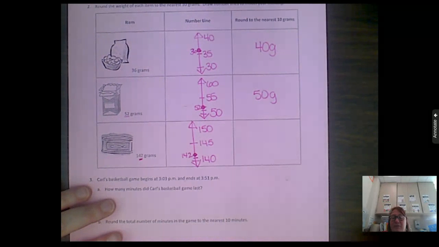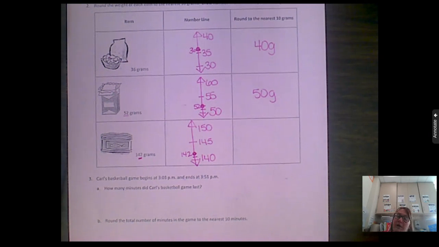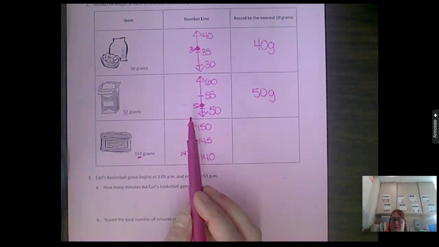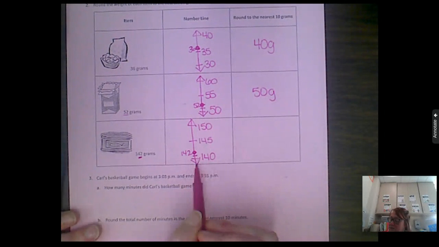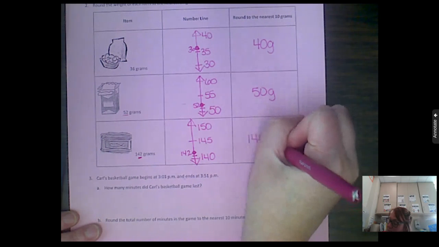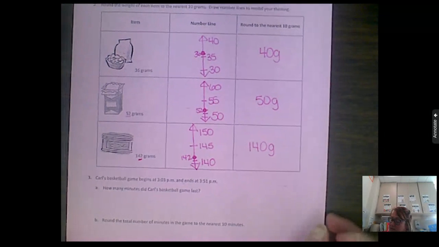So if that's 142, is that closer to 140 or is it closer to 150? Definitely 140 because it's only 2 away, just like the one right above it, which was only 2 away, so it rounded down. So it rounds to 140 grams. Did you get that for your answer too? Nice work.